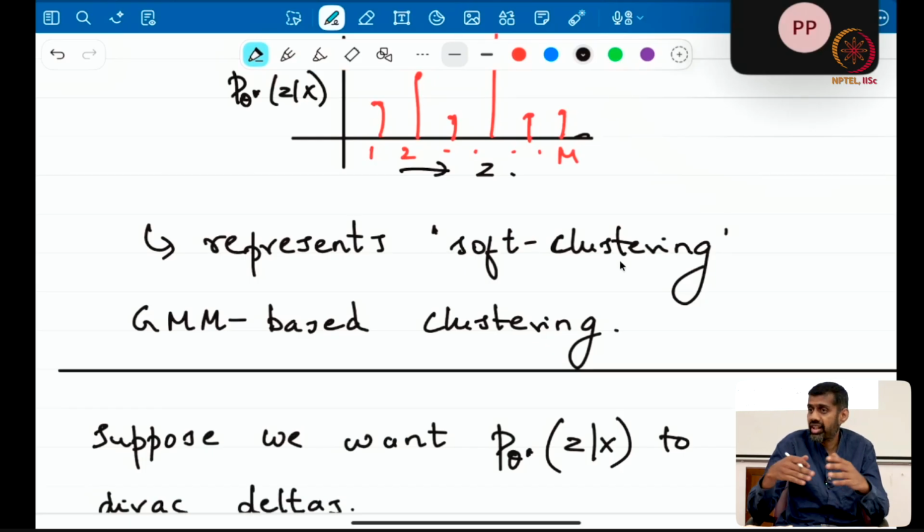With probability 1, it should take one particular value and it should be 0 everywhere else. Now, how do we change GMM so that the posterior of the latent variable given data becomes Dirac delta?